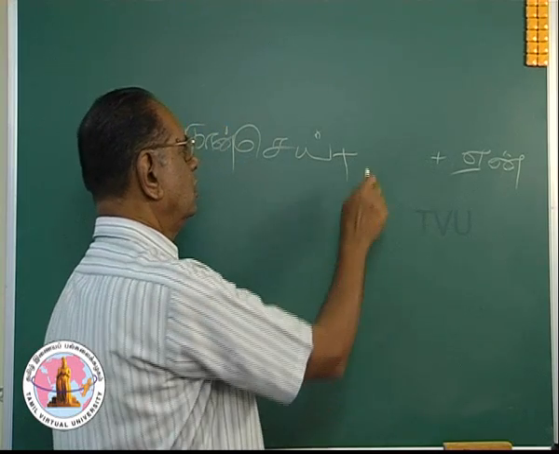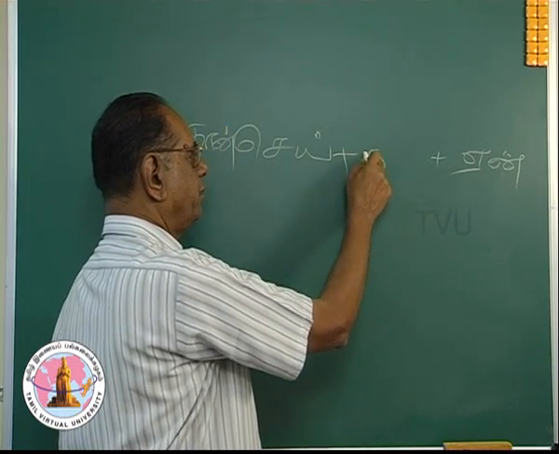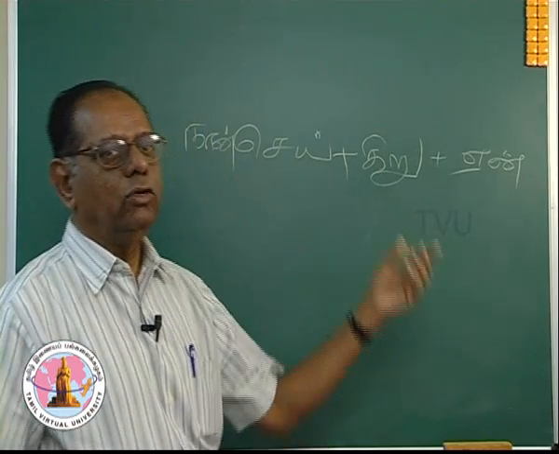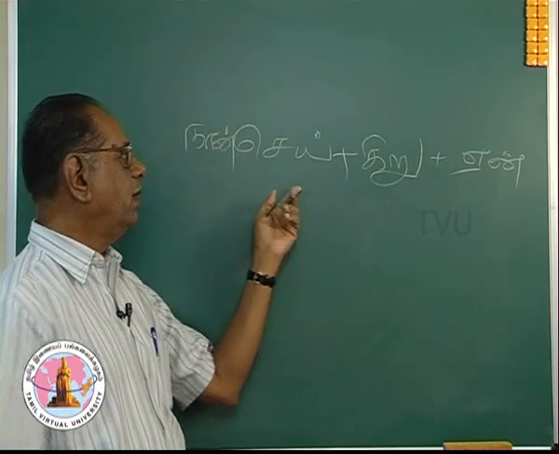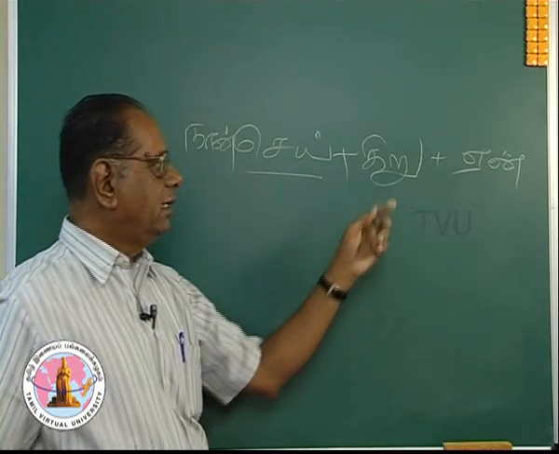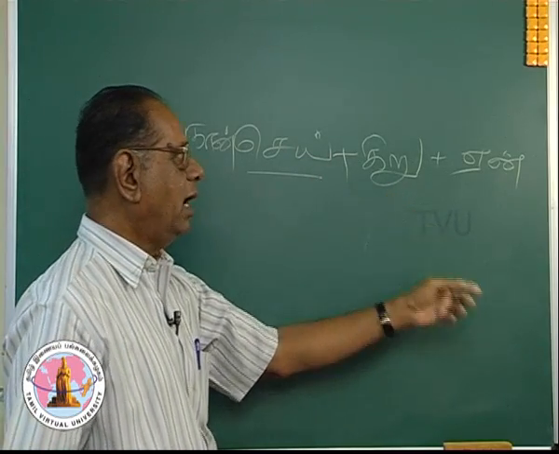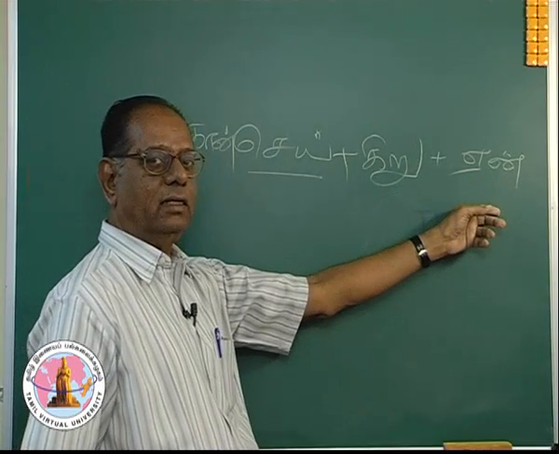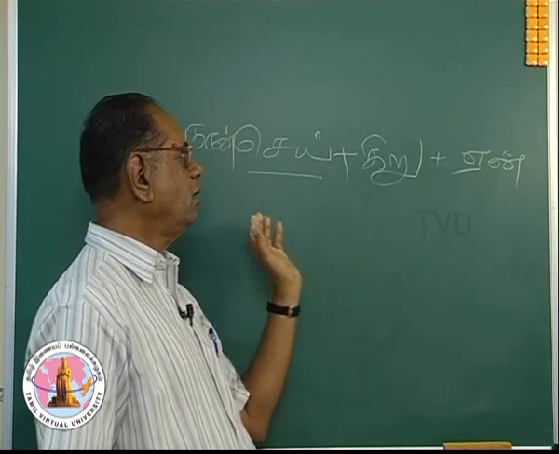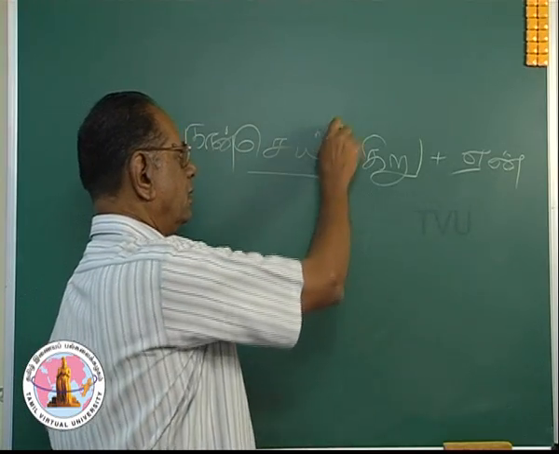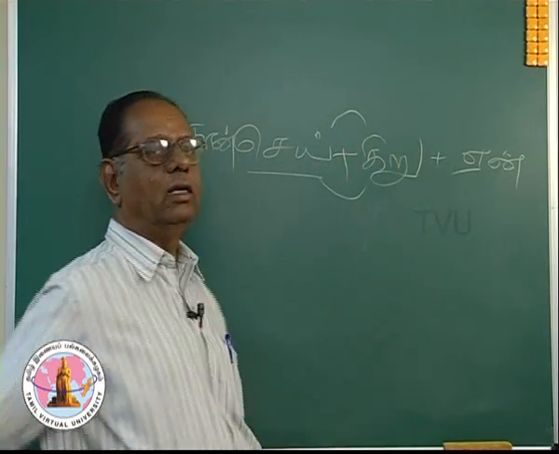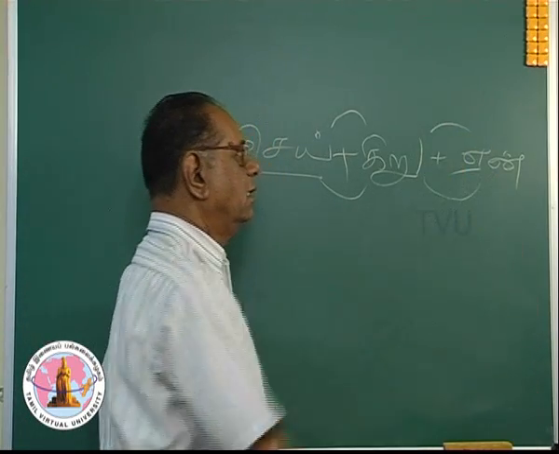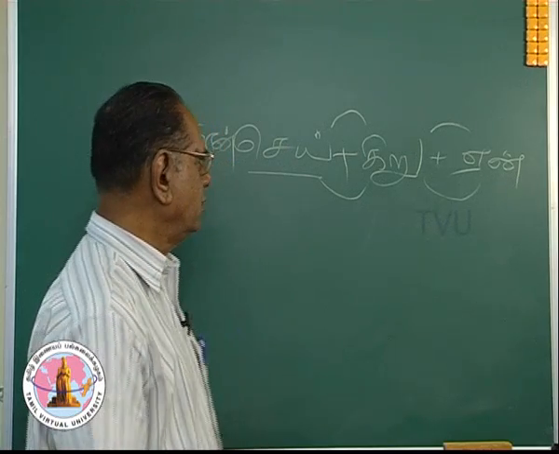Now I introduce the tense marker, கிறு. Verb is செய், tense marker is கிறு, and personal marker for first person singular is ஏன். Now I have to combine them. There is a natural combination. Here it takes a little bit of change.